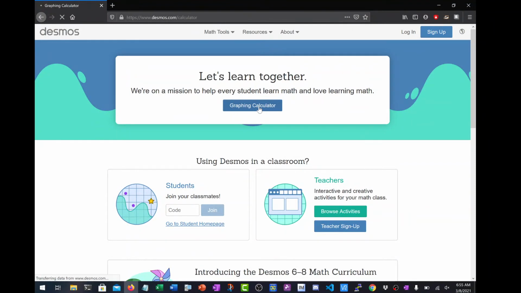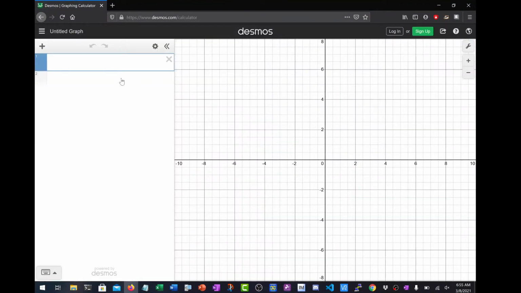So I want to see if I can actually show that. Give me just a second to pull it up. I'm going to pull up Desmos so you can see it. Remember our little example, y equals 2x plus 4.